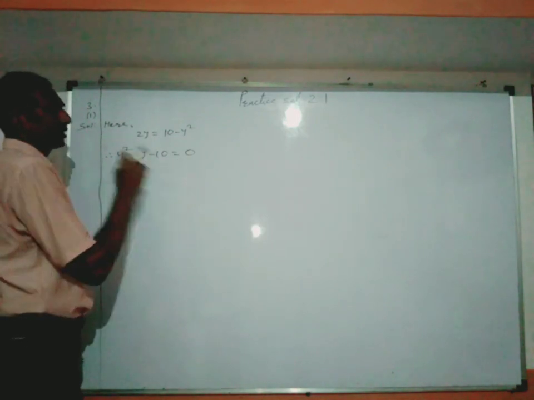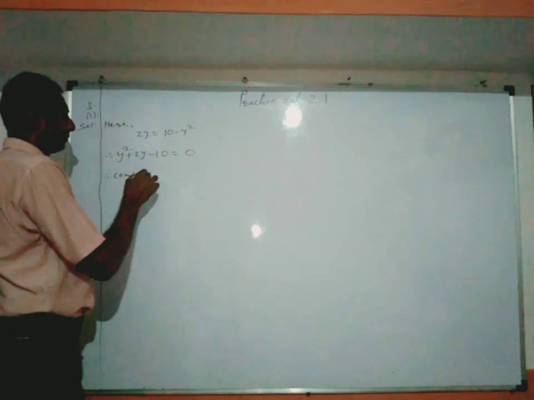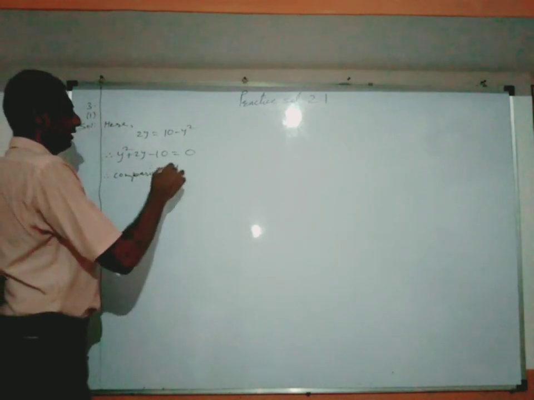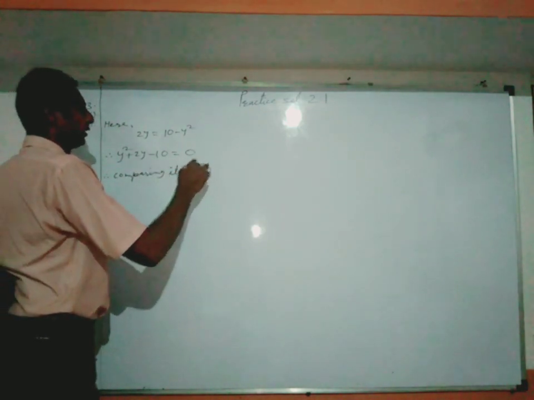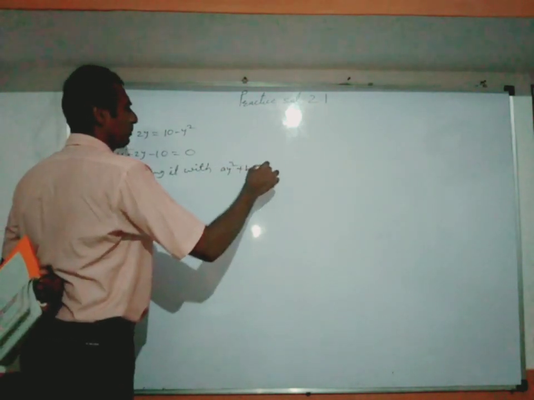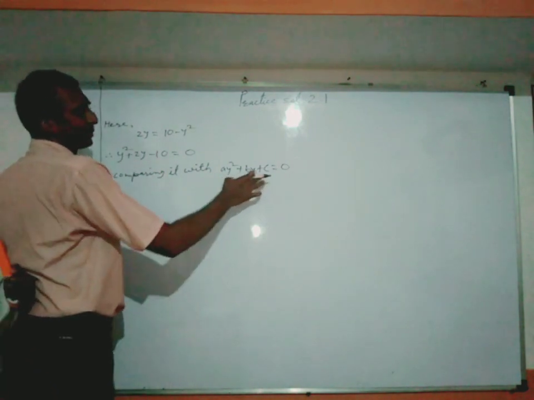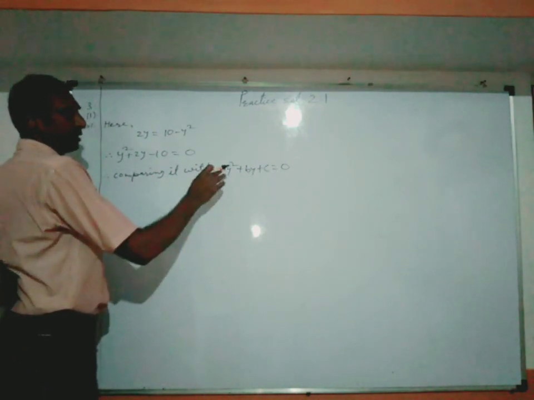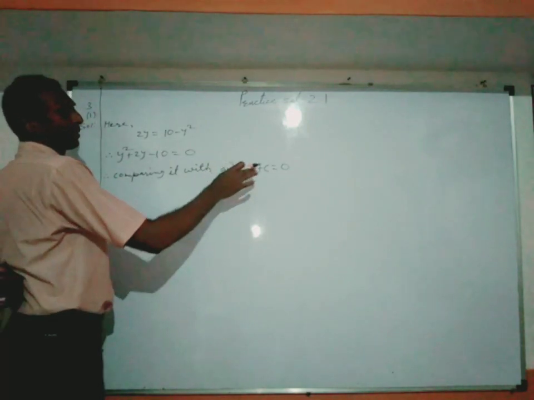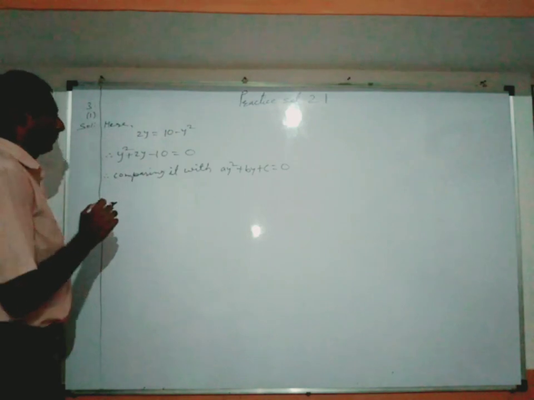Now it is in standard form, and therefore comparing it with ay square plus by plus c equal to 0. Instead of saying x square plus bx plus c equal to 0, we are saying ay square plus by plus c equal to 0, because here the variable is y.